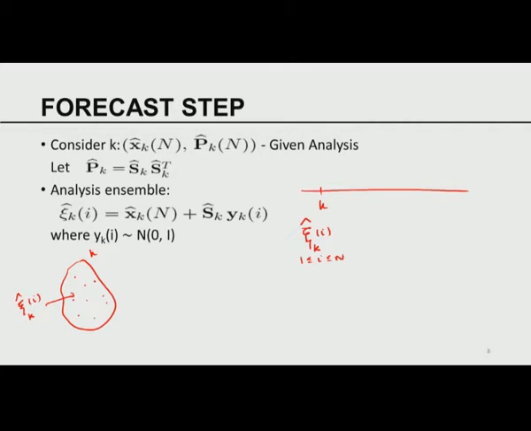Now, xi_k^i hat, the analysis ensemble, is related to the analysis mean x hat_k and the analysis covariance square root through y_k^i. So what is y_k^i? Let P_k hat be the analysis covariance approximation, and x hat_k the analysis mean approximation.